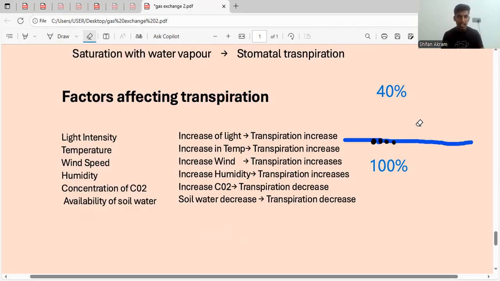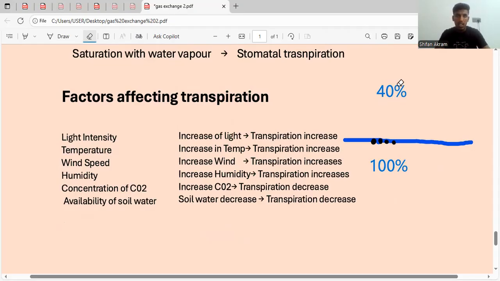Then we have humidity again. We know inside the plant the humidity is almost 100% in the mesophyll cell layer, and outside the humidity is low. So transpiration is always high when the outside air humidity is really low, and it's the opposite when there is a very high humidity in the outside air.